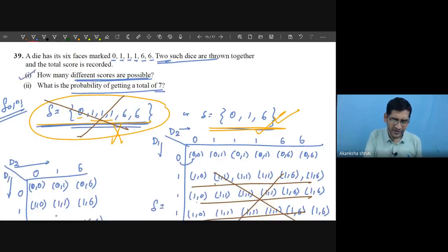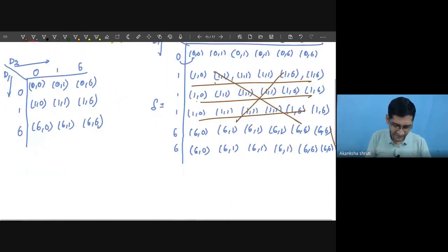Now come to the next one. How many different scores are possible? This one is asked.